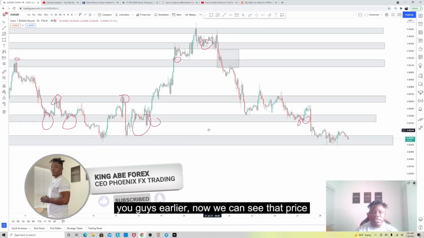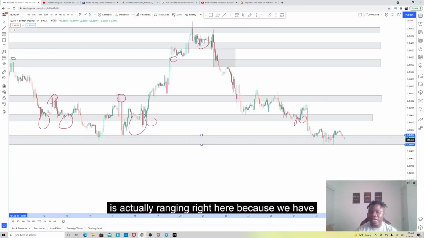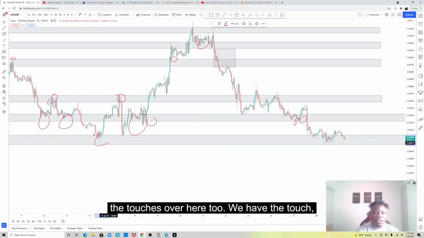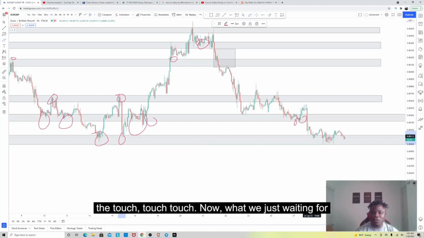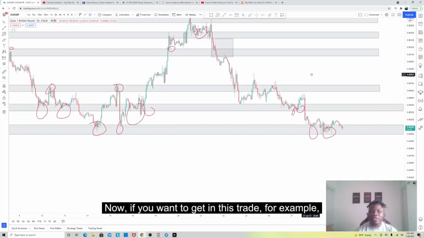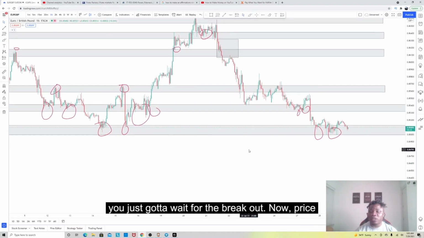Now we can see that price is actually ranging right here, because we have the touches over here too. We have the touch, touch. Now what we're just waiting for now, if you want to get in this trade, for example, you just got to wait for the breakout.